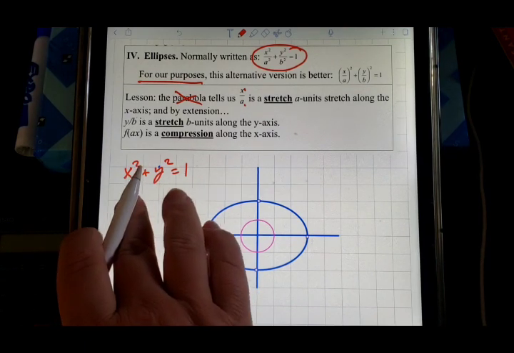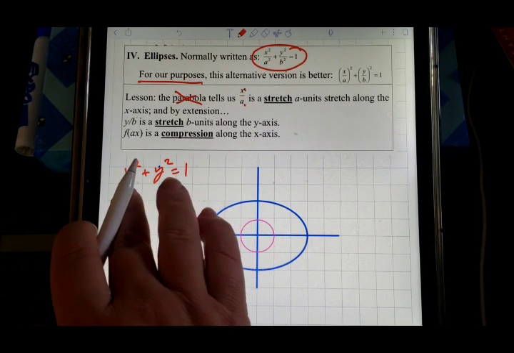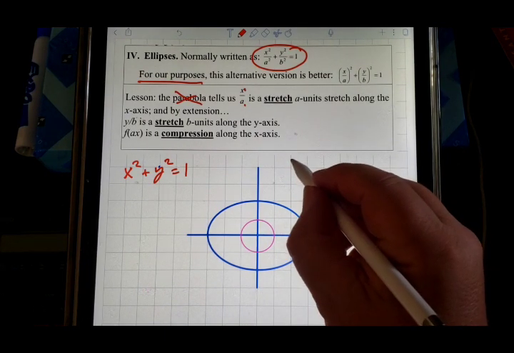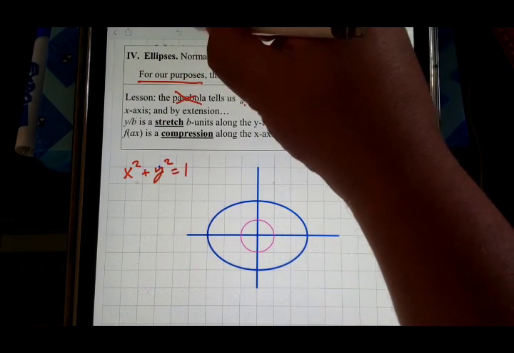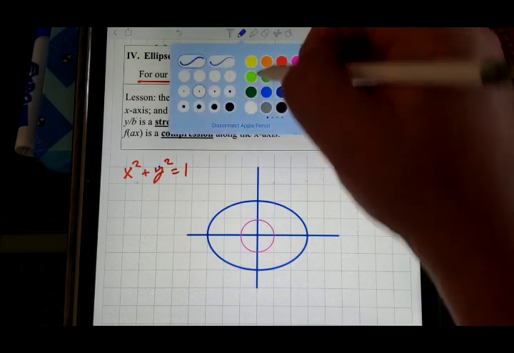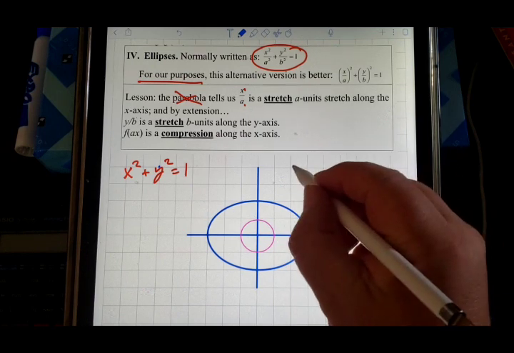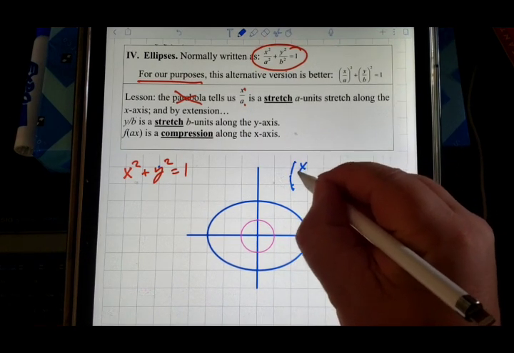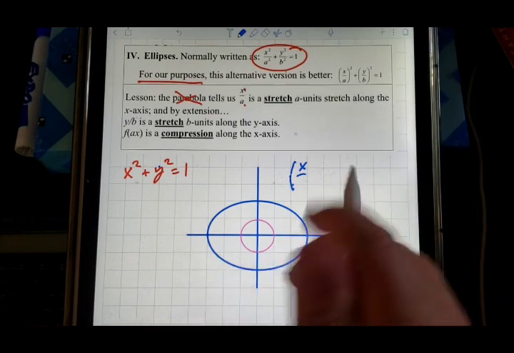So I still have the original graph here, but what graph did I just create? Well, I created, let's do this in blue to indicate it's the blue graph. Well, I stretched it. So how do you stretch? Along the x-axis.